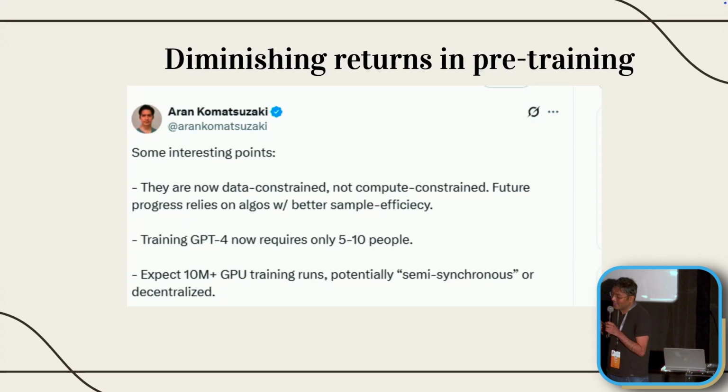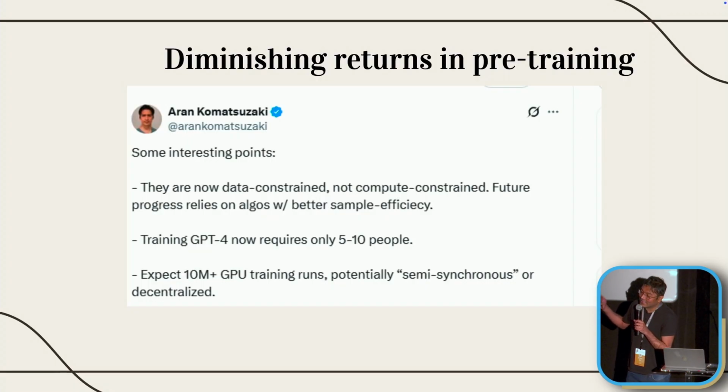I guess there is a misconception, or at least a disagreement in research circles, about whether we have run out of data to train models or not. Personally, I think there is plenty of data that has not been touched and that has never made it into the pre-training data sets.